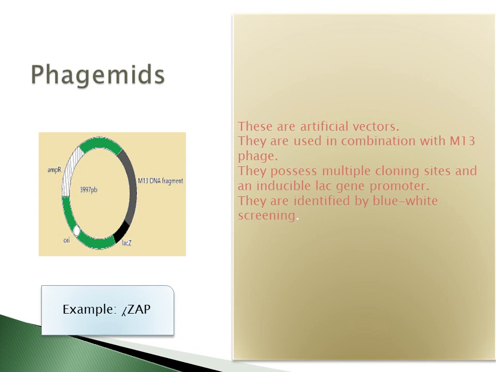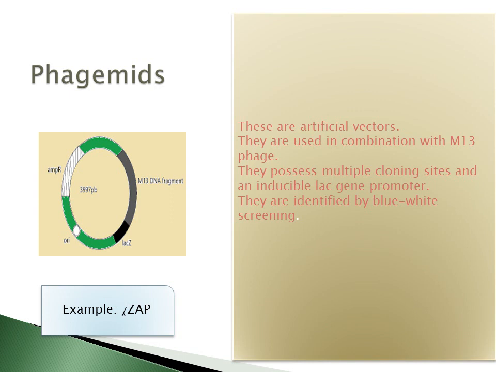So vectors are very important for the particular cloning purpose. In order to get the proper result, proper expression, we need to select the vectors properly.